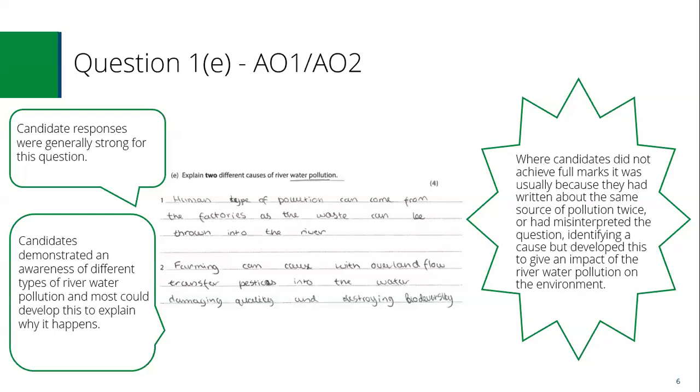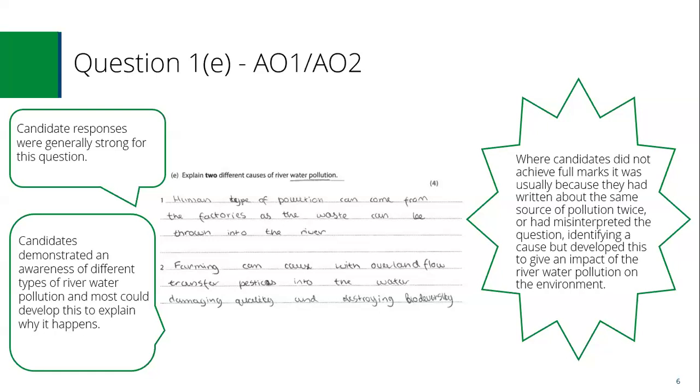You see from this response, which is in the principal examiner's report, there is a mark for factories as a source of pollution, but there isn't really credit for waste thrown into the river. This is seen as too vague. So make sure that your candidates are writing about specifics of these things. That's really important. The second point on farming was much better. It used good terminology.